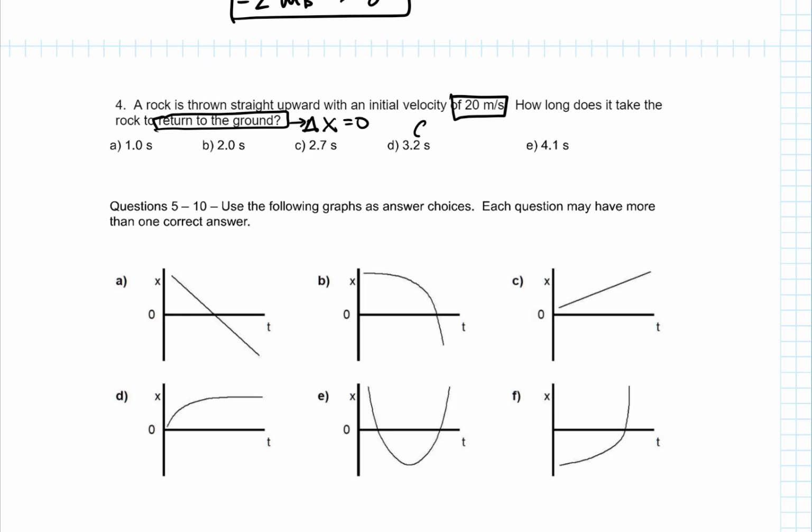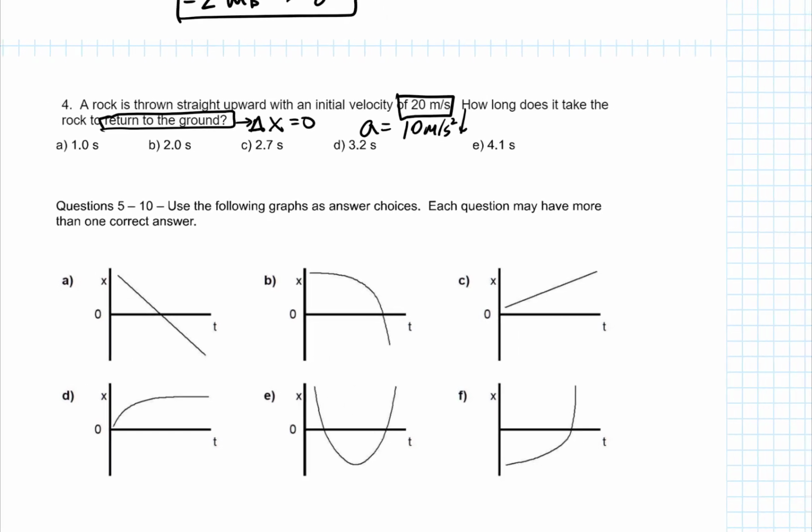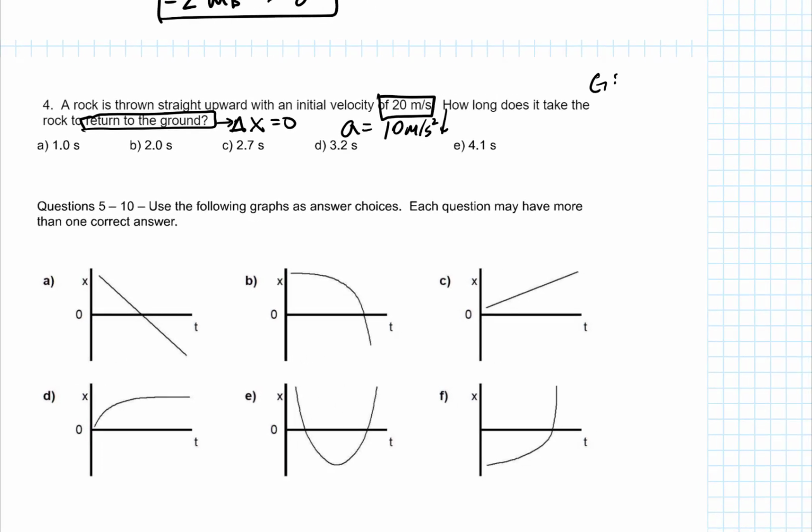And then my acceleration for this whole thing is going to be 10 meters per second squared down. That's because it's in free fall. So that's the one piece of information you don't really have. Everything else you can kind of figure out. So for number 4, I'm given the initial velocity is 20 meters per second.